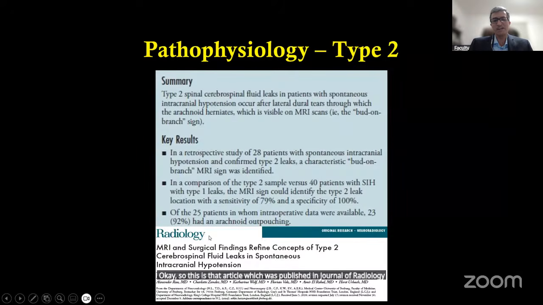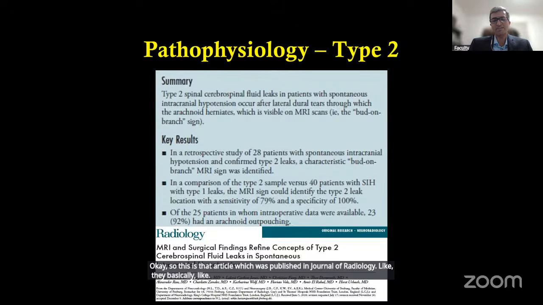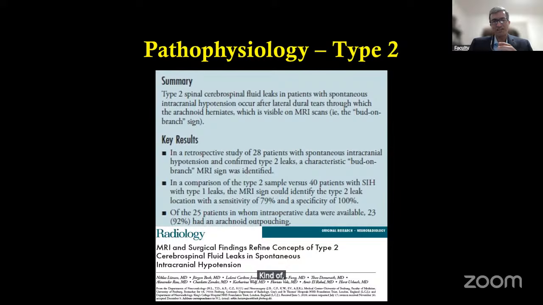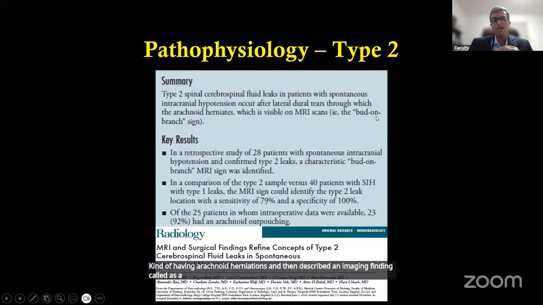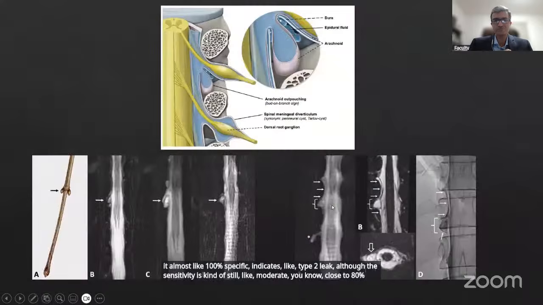They correlated these type 2 leaks with intraoperative data and concluded that this is because of the lateral dural tear with arachnoid herniations, and they described an imaging finding called the bud on branch sign, which is very specific. If you see this sign, it's almost 100% specific. It indicates a type 2 leak, although the sensitivity is still moderate, close to 80%.